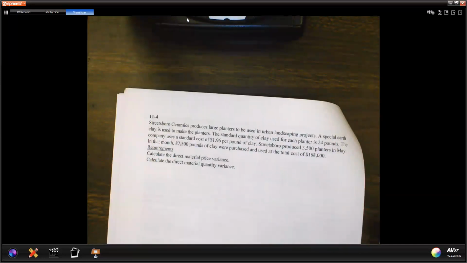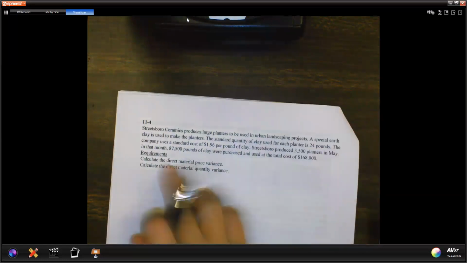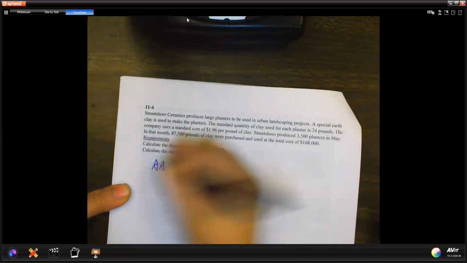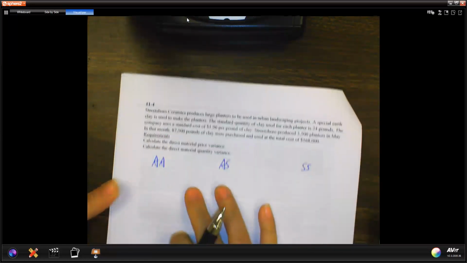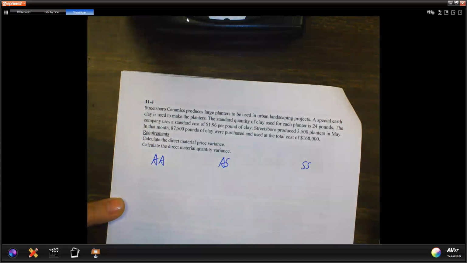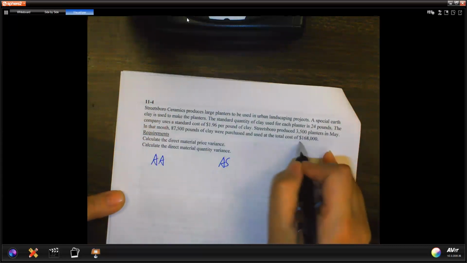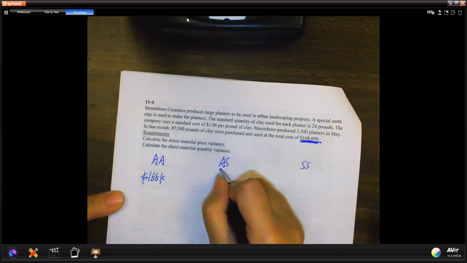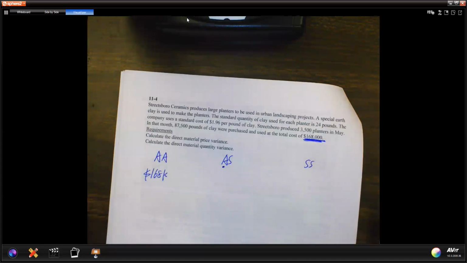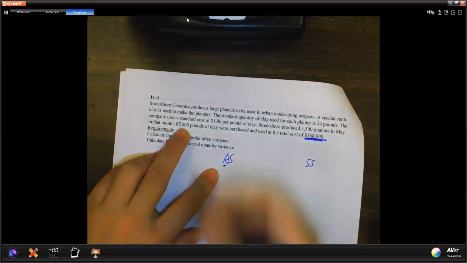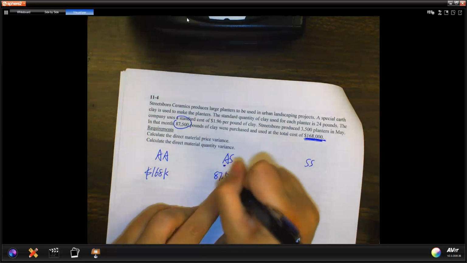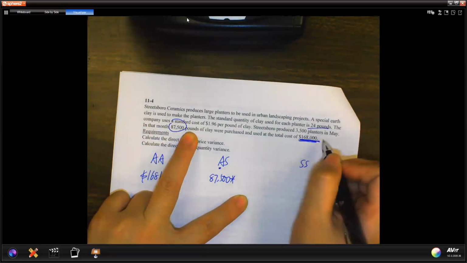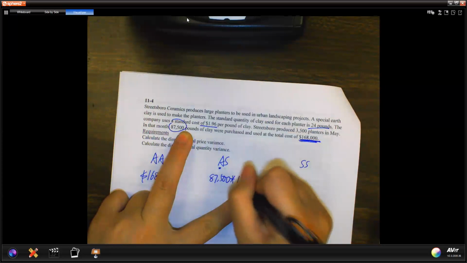I want to show you my work here also, and then get the direct material price variance. So let's go ahead, do it quickly. So it's always AAAS and then SS. Let's see. So your total actual is 168,000. Your actual direct material, you used 87,500 pounds, and then your standard is 1.96 per pound, right?